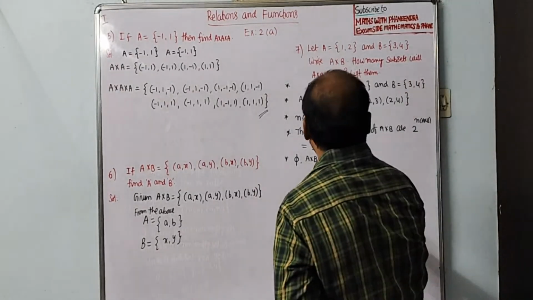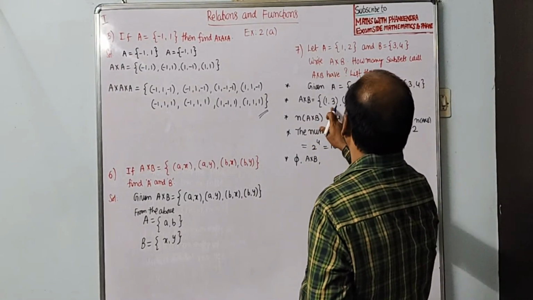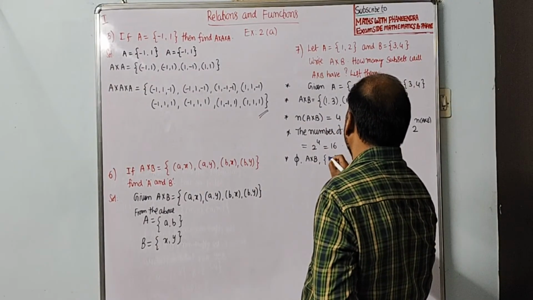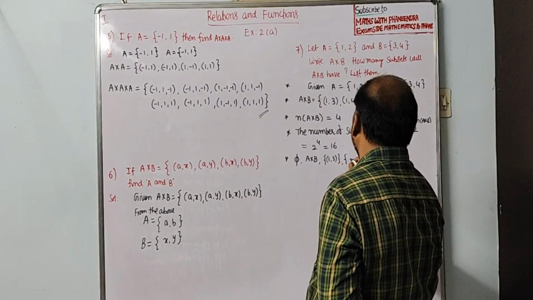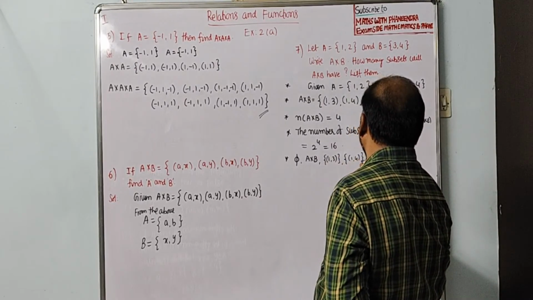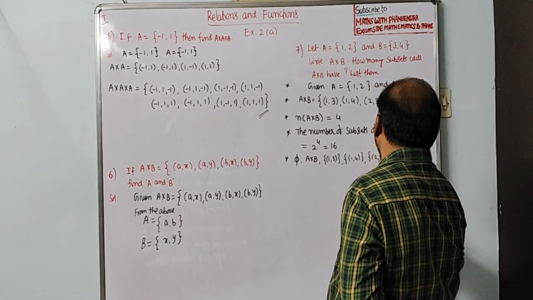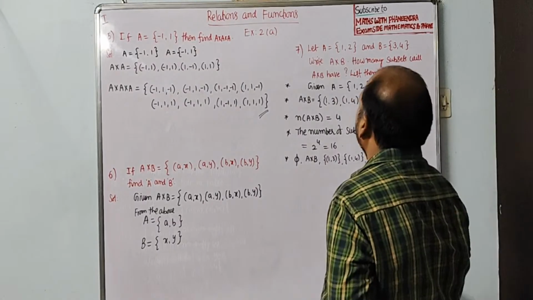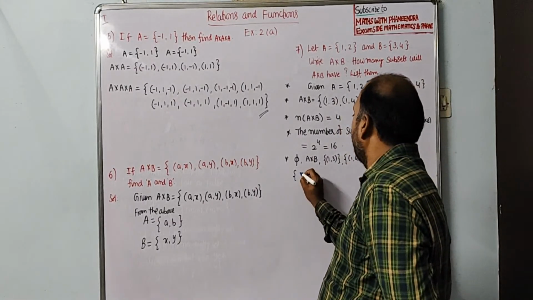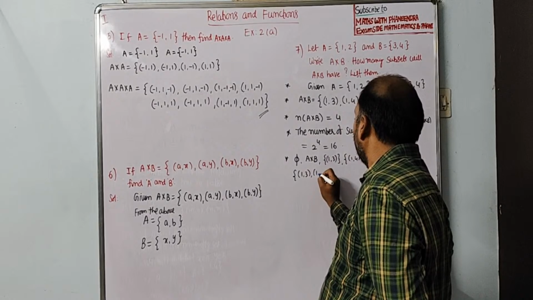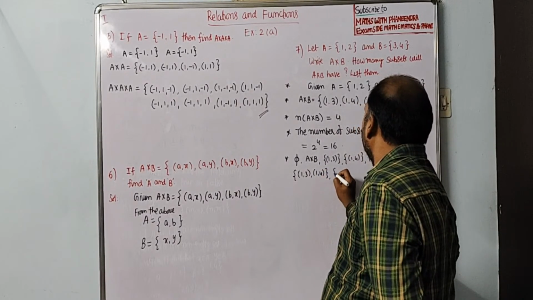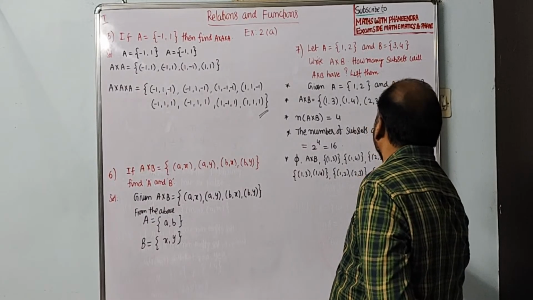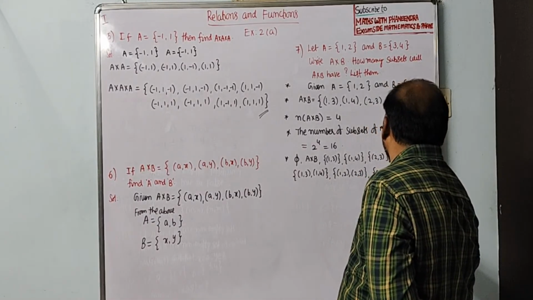Next, singleton sets: {(1, 3)}, {(1, 4)}, {(2, 3)}, {(2, 4)}. Next, 2 elements in one set: {(1, 3), (1, 4)}, next {(1, 3), (2, 3)}, next {(1, 3), (2, 4)}.